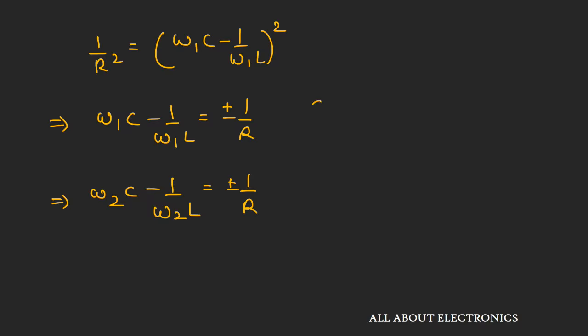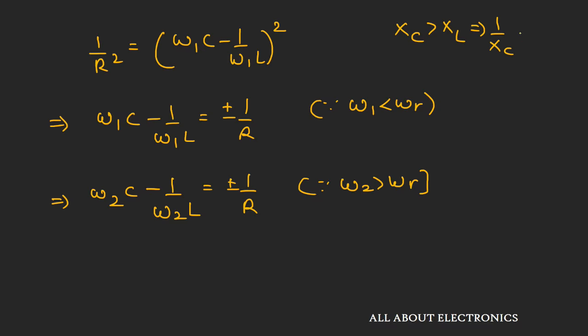Now we know that ω1 is less than ωR and ω2 is greater than ωR. For the frequencies lesser than the resonant frequency, Xc is greater than XL, or we can say that 1/Xc is less than 1/XL. That means ωC is less than 1/(ωL). So in this equation the sign of 1/R should be negative.